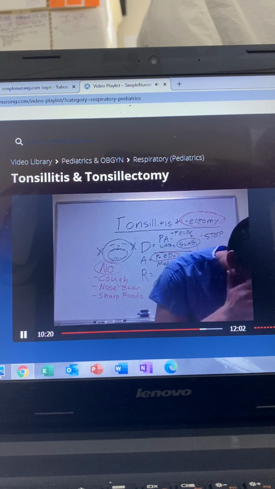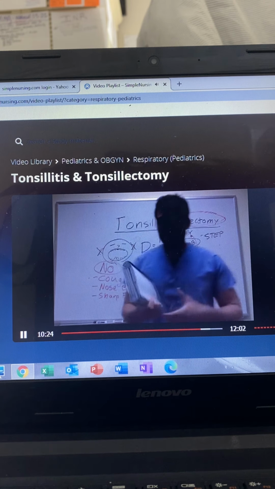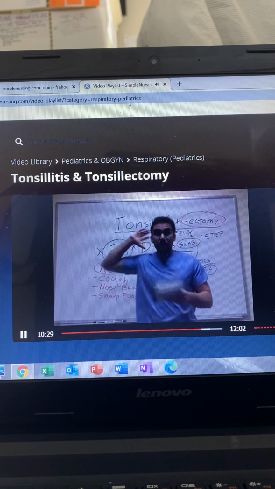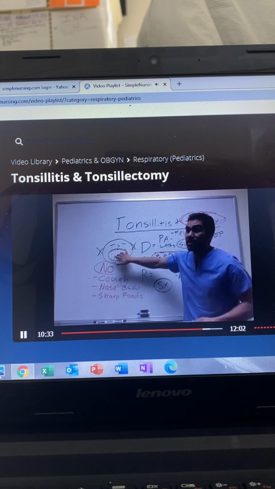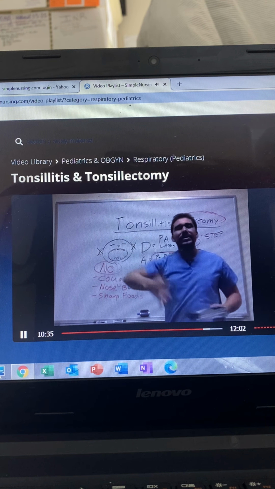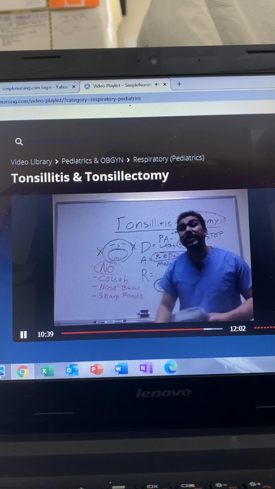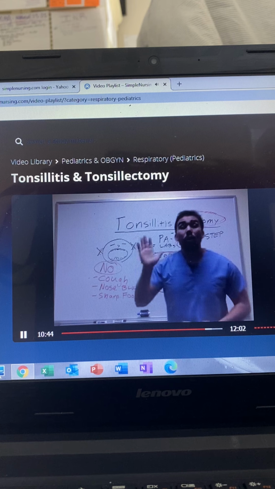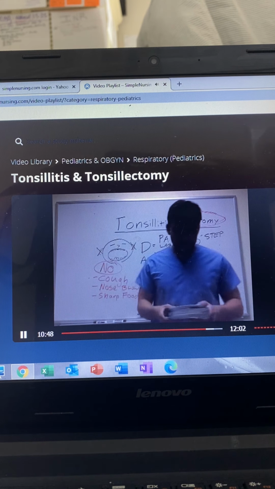Let's see. Some complications, I know I'm going quick, but some complications: we want to prevent any type of hemorrhaging going on in your patient's oral cavity. Obviously, again and again, we're trying to prevent anything that involves ABCs, an obstructed airway, obstructed breathing, or any type of circulation problems in terms of bleeding here.